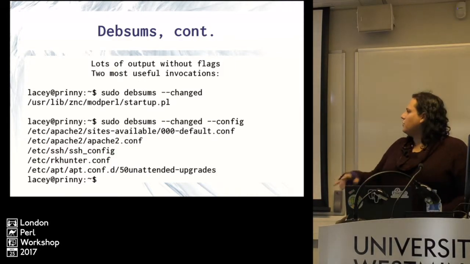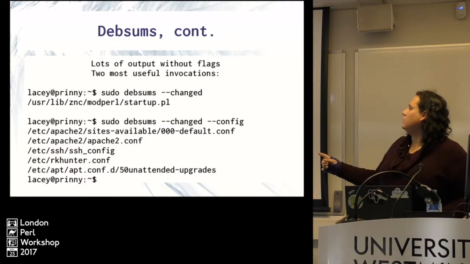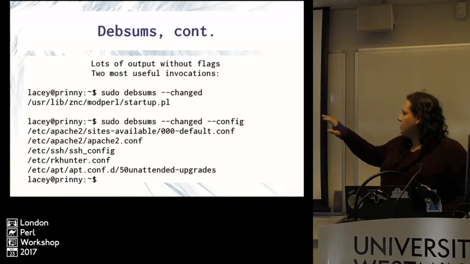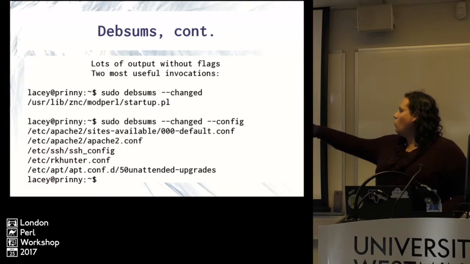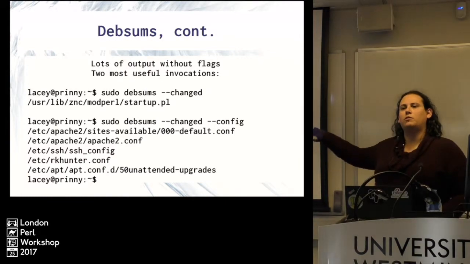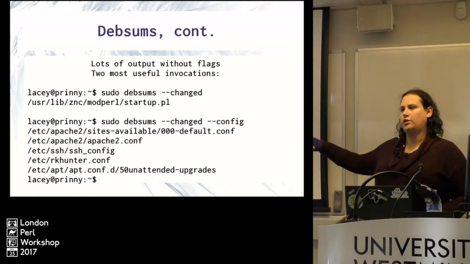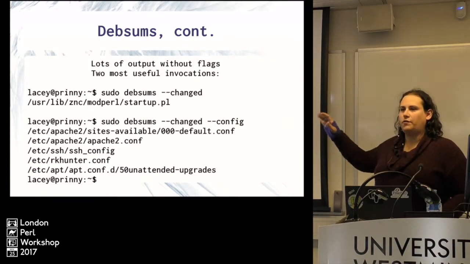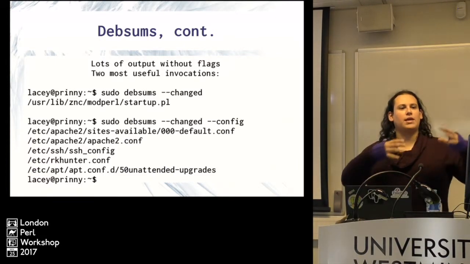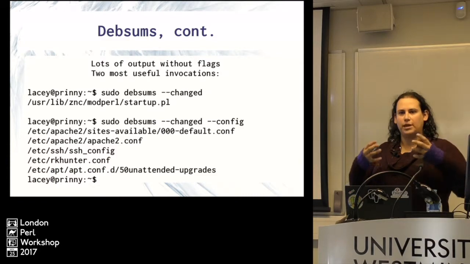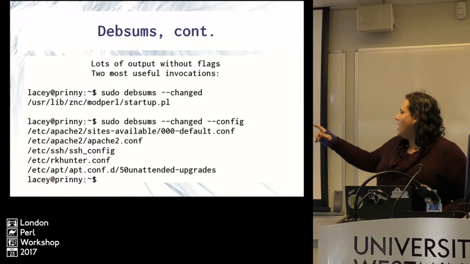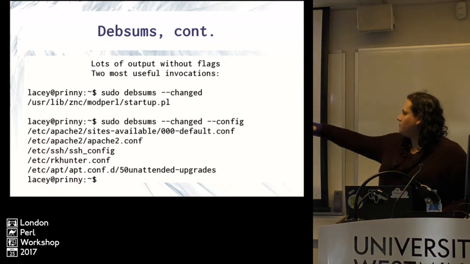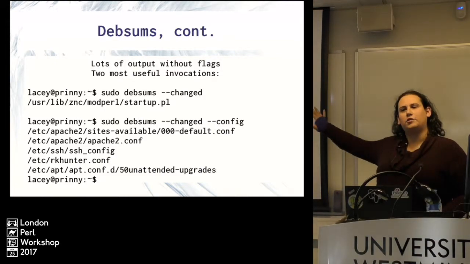It's got a bunch of other flags, but the critical ones are -s, which shows you what in the base package, excluding configuration files, has changed. So if you've modified something, or if something else has modified something in a base system package, like, I picked a thing at random and I just added a space.